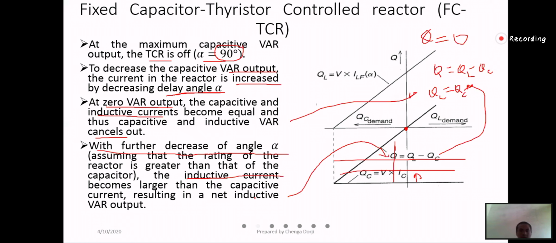So if you further decrease the angle alpha, the inductive current becomes larger, and the net output you are getting is inductive in nature. This is the case of net inductive var output.